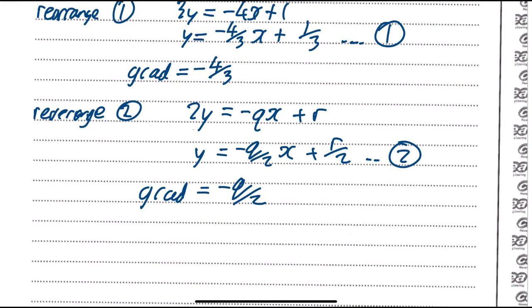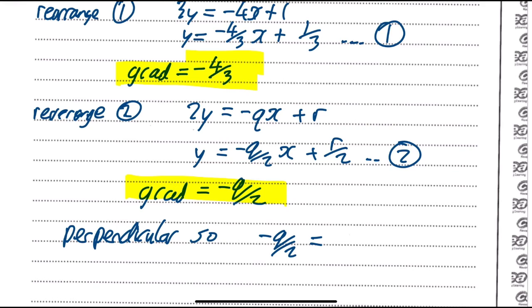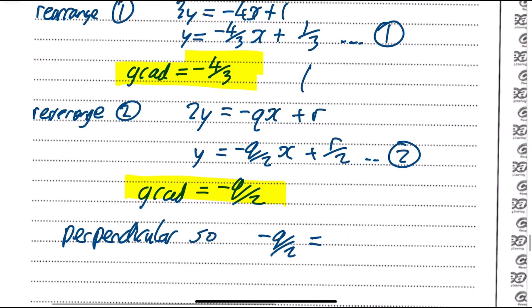Now, these two gradients, minus 4 over 3 and minus q over 2, are perpendicular. So that means minus q over 2 is the negative reciprocal of this one up here.